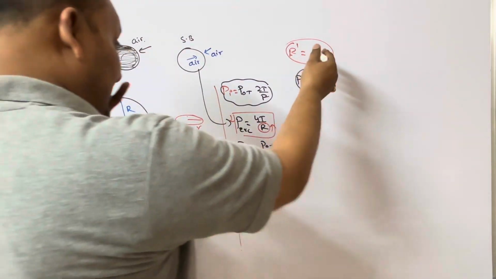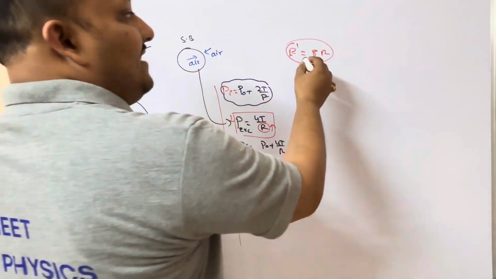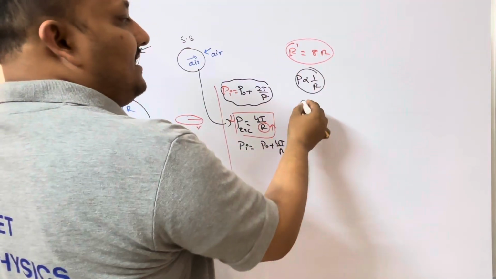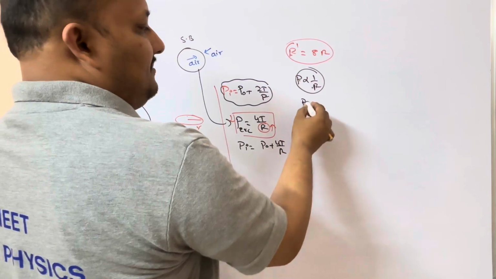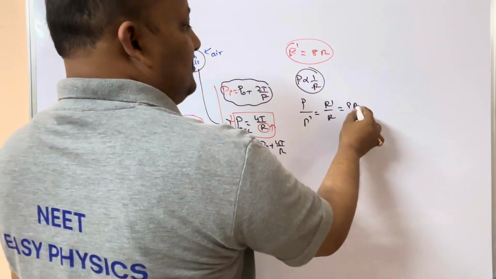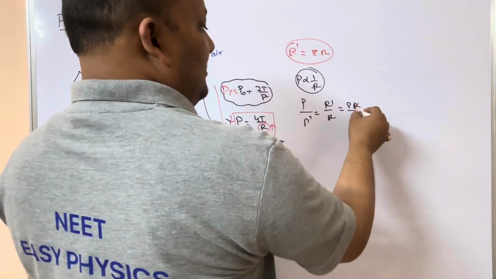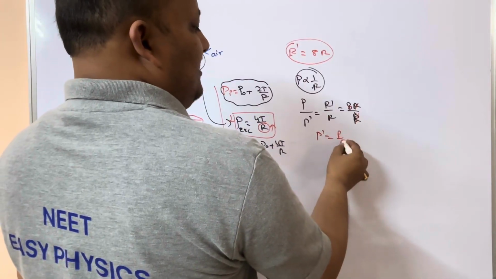Let us assume the radius becomes 8 times. This is very simple. P by P dash is equal to R dash by R, so 8R by R. R will be cancelled. Then P dash equals P by 8.